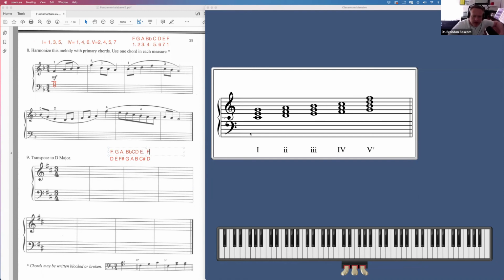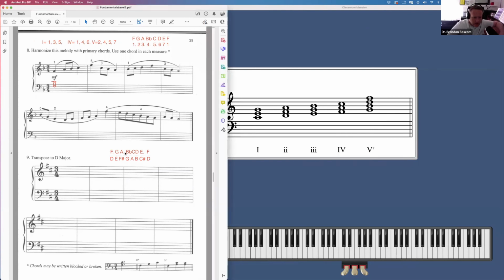And that way you can kind of decode, if you'd like, what each note will be. If it's a one in the original, what it will be in the new key. So if we start on F, we're going to start on D in the new key of D major. Okay, that should do it for that unit.